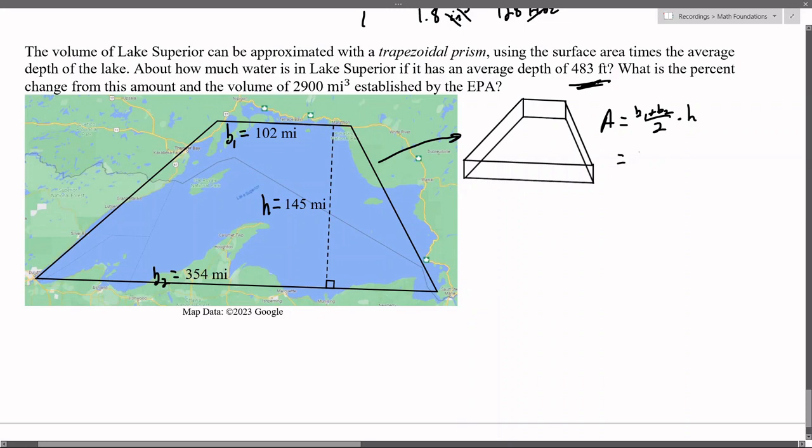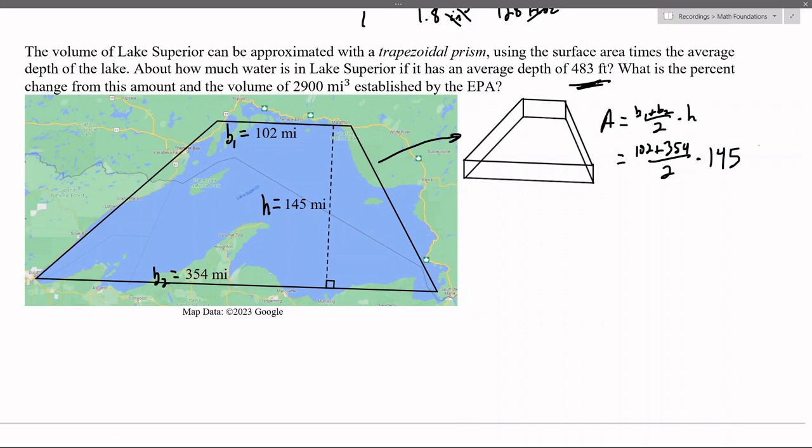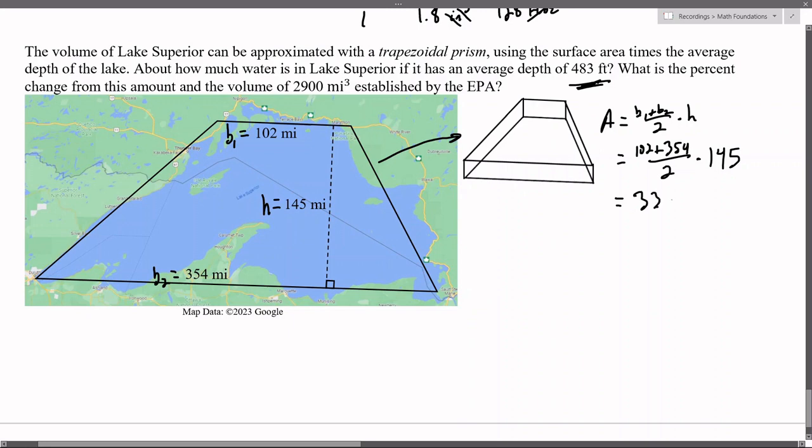So the area of the trapezoid is going to be 102 plus 354 over 2 times the height of these trapezoids. That gives us 33,060, and it's going to, of course, be in miles squared. And this is the surface area of the lake.